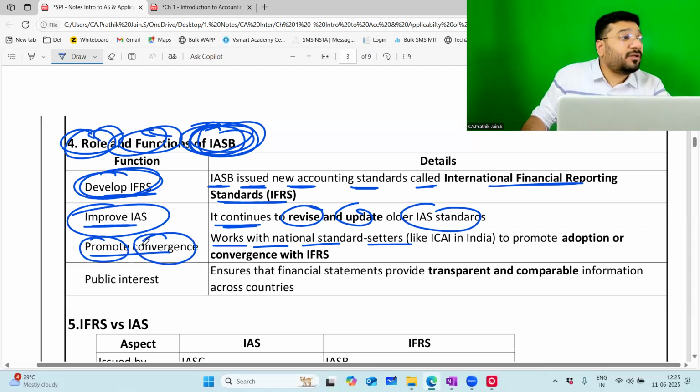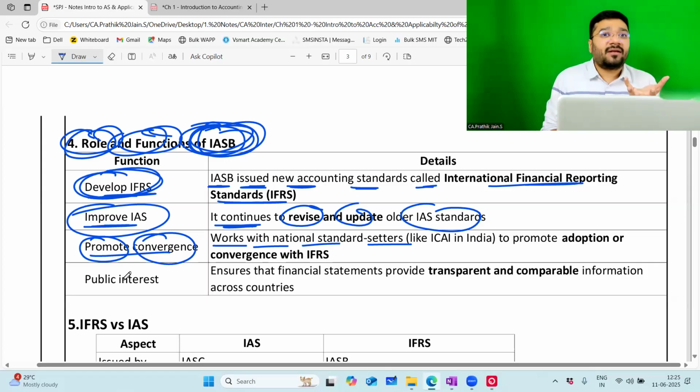Promote convergence or adoption. A few countries like Pakistan, who did not want to put their mind into coming out with a new standard, adopted IFRS as it is. So any multinational company in Pakistan is blindly following IFRS. In India, we did not adopt IFRS as it is. We converged. What is the meaning of convergence?